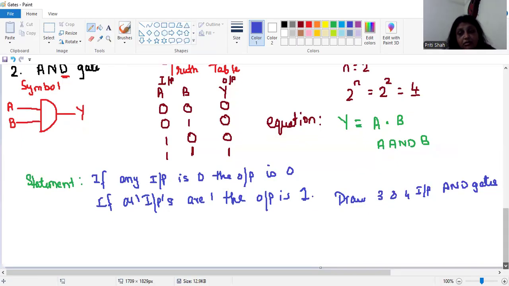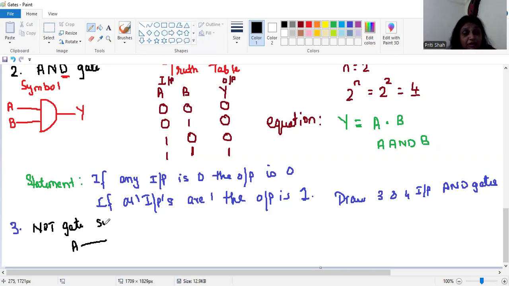Okay. Now, let's go with the last gate, which is the last basic gate actually. And that gate, which we will talk about, is the NOT gate. Now, this is the only gate which has only one input. This gate can never have more than one input. So the symbol of this gate will have only one input.